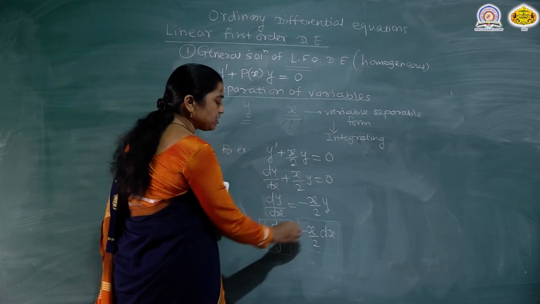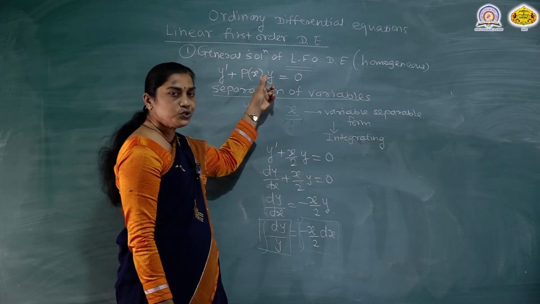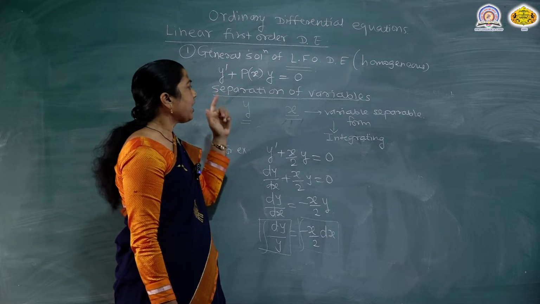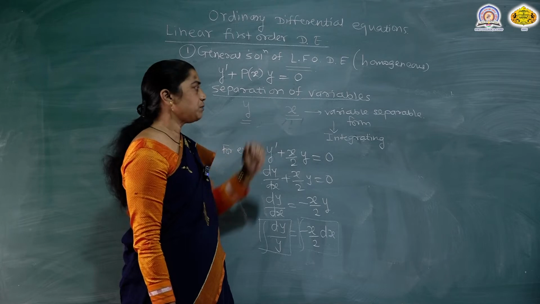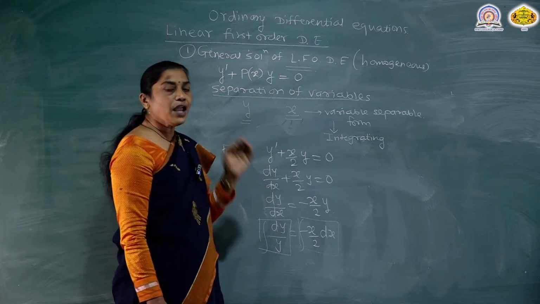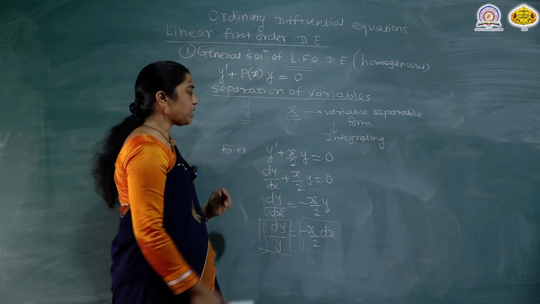Integrating this variable separable form, we get the solution of this homogeneous differential equation, and therefore this method is known as the separation of variables method. Note that not every equation can be written in variable separable form.